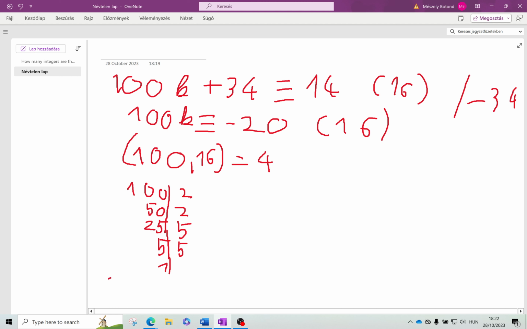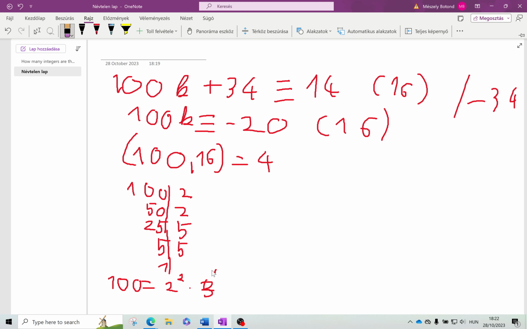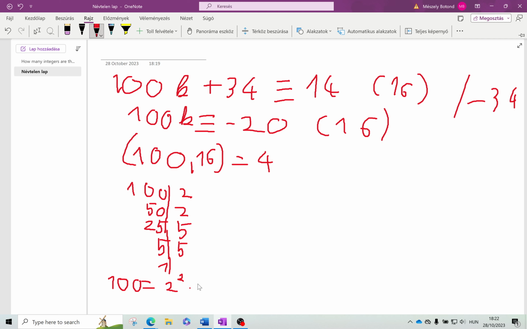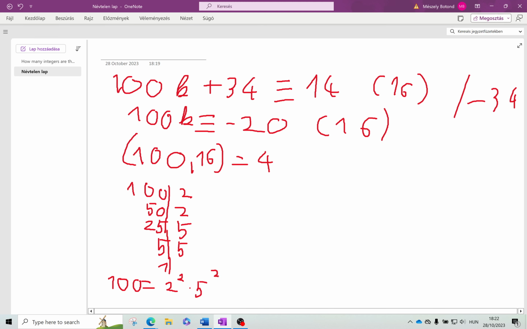So 100 equals 2 to the power of 2 times 5 to the power of 2. 16 is 2, 8, 2, 4, 2, 2, 2, 1, so 16 can be written as 2 to the power of 4.